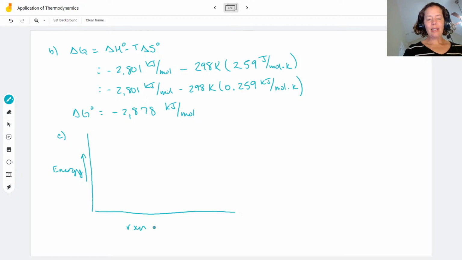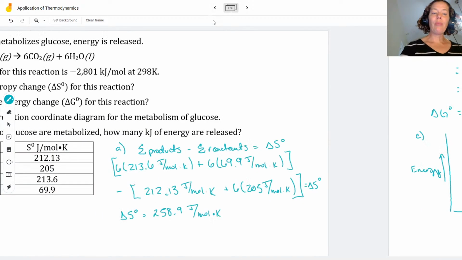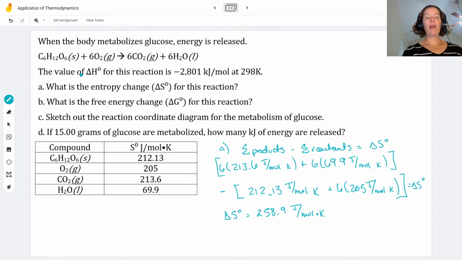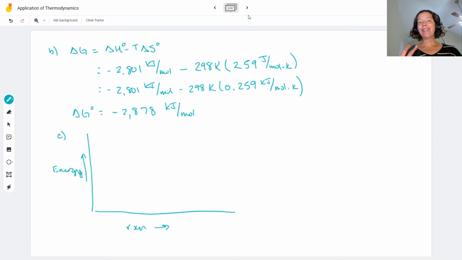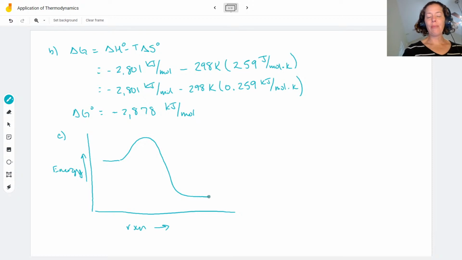And on the x-axis, this is just our reaction proceeding from left to right. What we know about this reaction is that our enthalpy is negative. That means this is an exothermic reaction. So we need to show that delta H is negative when we draw our reaction coordinate. So we're going to start with reactants up here. You go through an activation energy and make sure your products are lower.